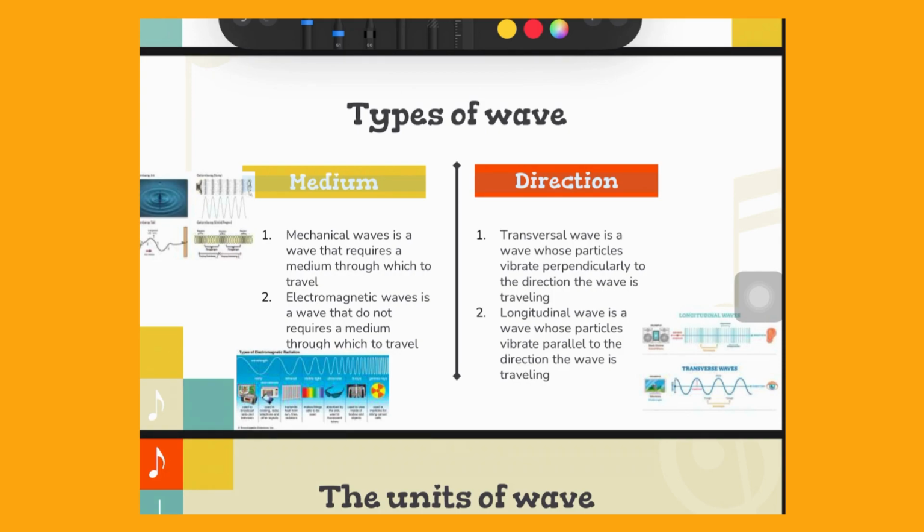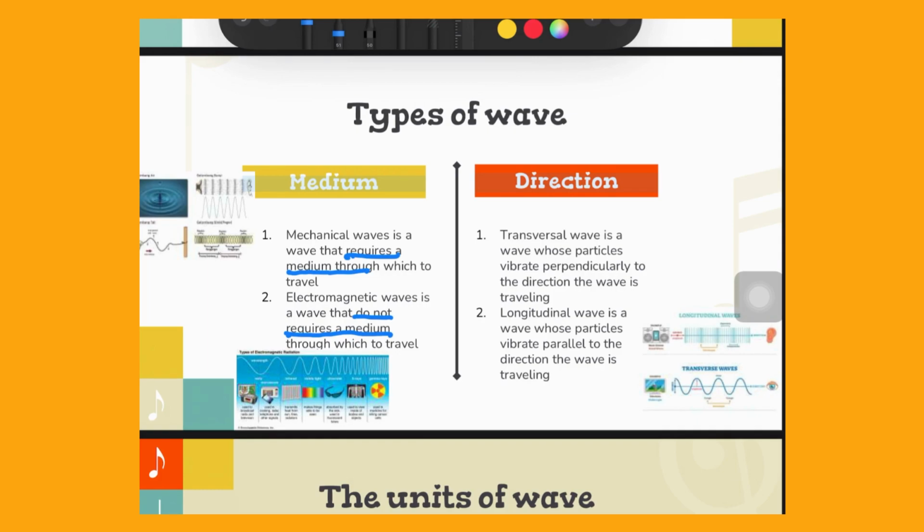A mechanical wave is a wave that needs a medium to travel. And then the second, we have the electromagnetic wave. It does not require a medium to travel.